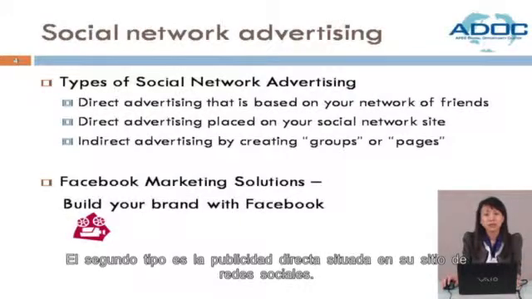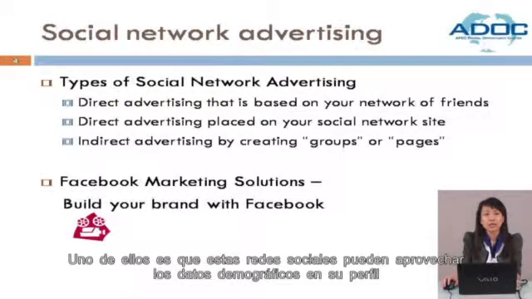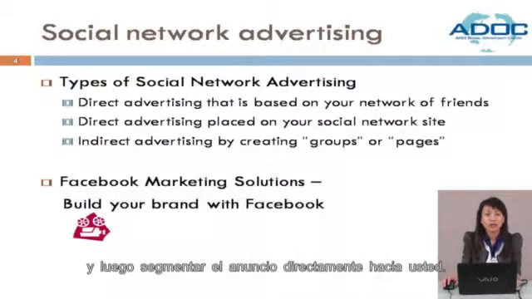The second type is direct advertising placed on your social network site. There are two differences. One is that these social networks can take advantage of demographic data on your profile and then target the ads directly to you.